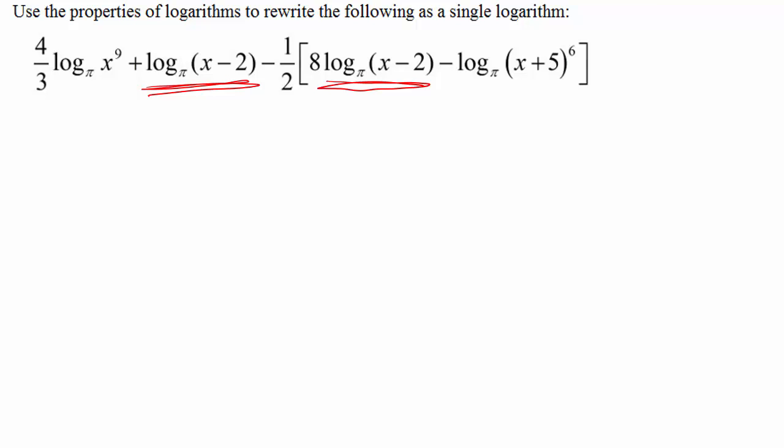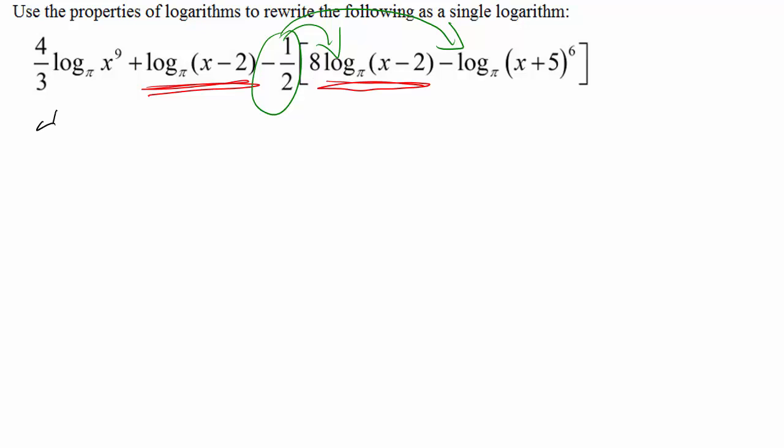So I'm going to take that negative 1/2 and distribute it through first, because that will allow me to combine like terms. We'll take that negative 1/2 through to both parts. If you didn't spot this, it'll still work out; you'll just have a little bit of cancellation to do later on in the problem.